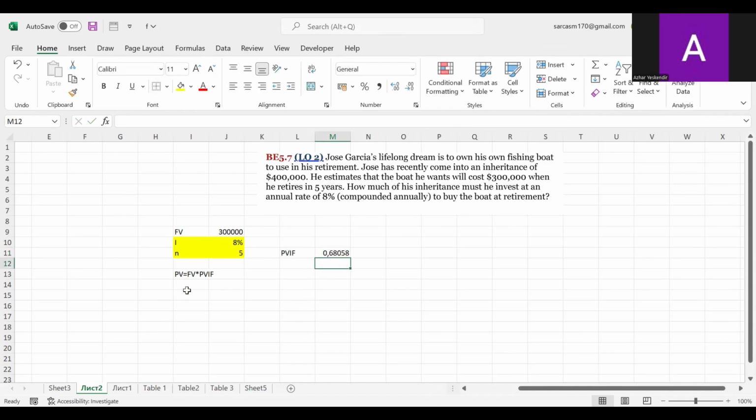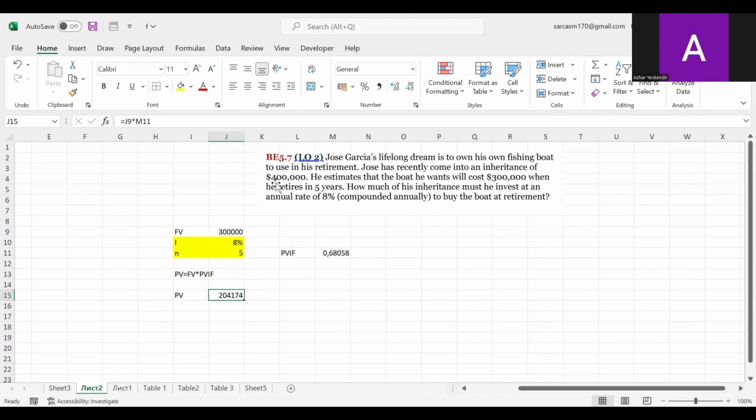So from now on, we can find present value. All we need we found. We're just going to multiply future value by this present value interest factor. So here it is.